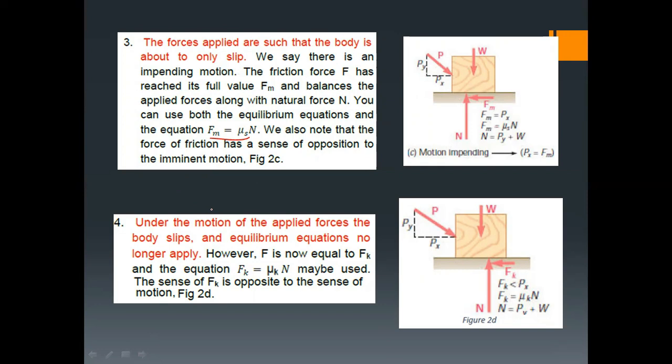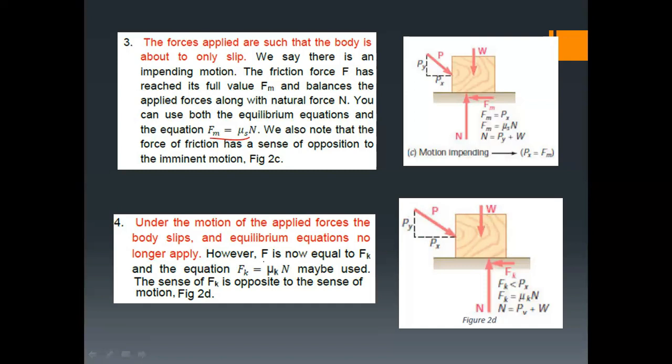So the next situation or condition is under the motion of the applied forces, the body slips and equilibrium equations no longer apply. So, hindi na siya equal since nagkaroon na ng movement dun sa force mo. It's either nag-i-slip siya or mas malakas na yung applied force natin.